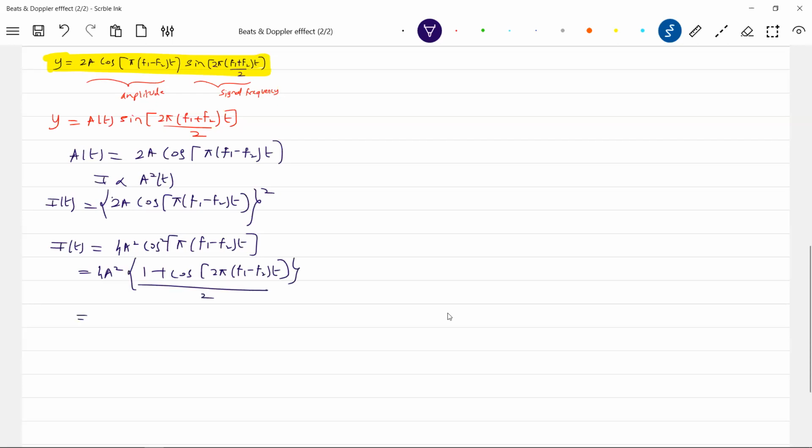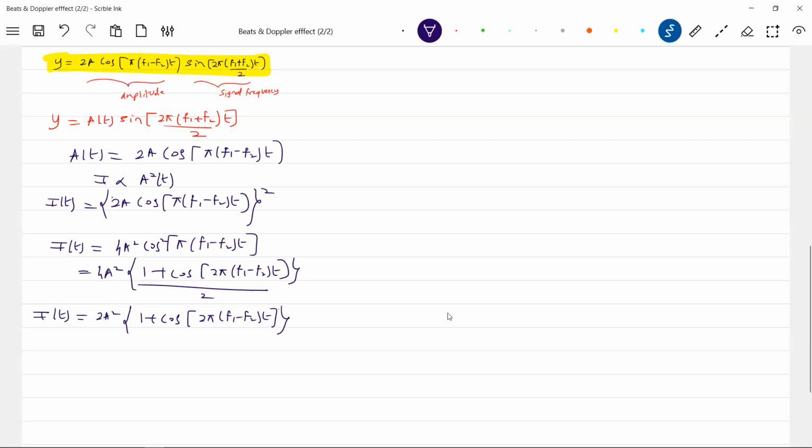Now 2a square is what I'll get. Okay, this is the expression for intensity as a function of time.